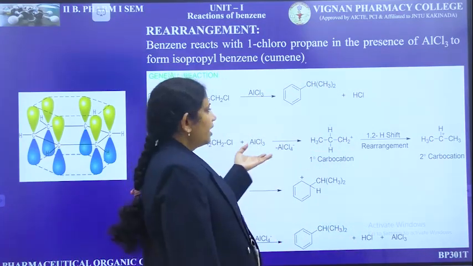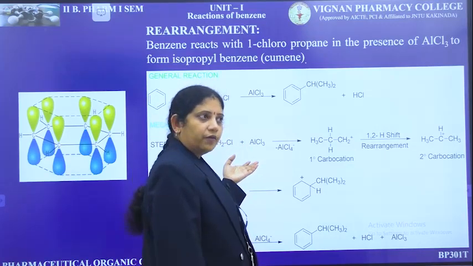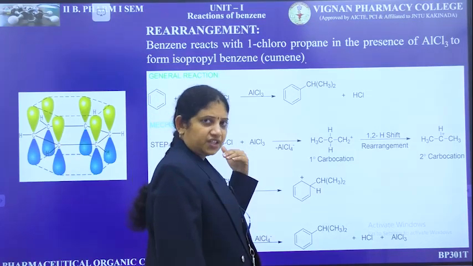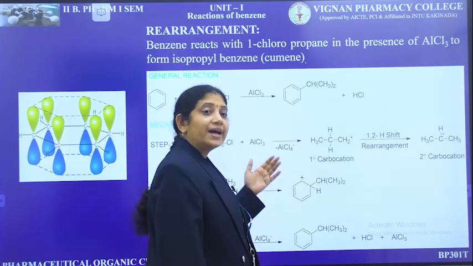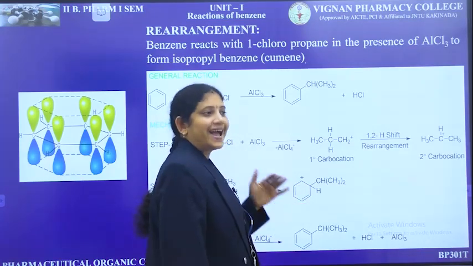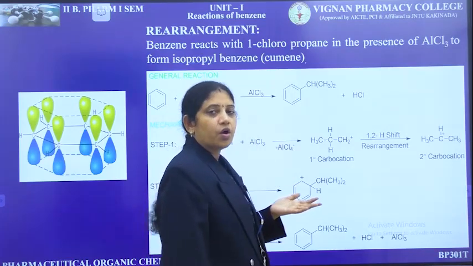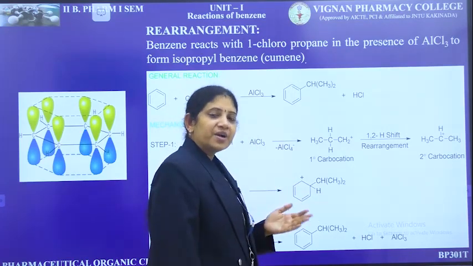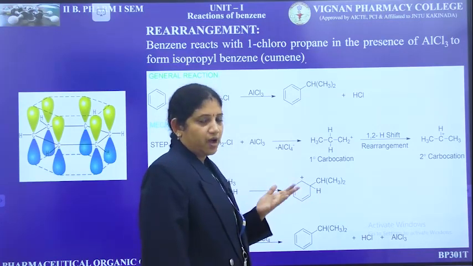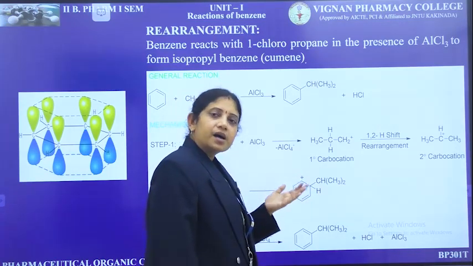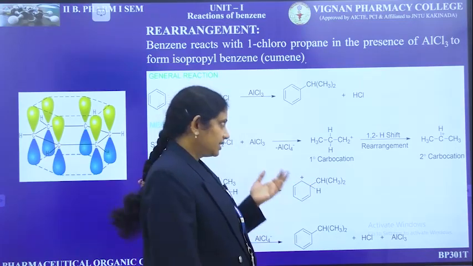So here what is happening is, when the structure permits, it can undergo rearrangement. Why does it have to undergo rearrangement? Because of the formation of a more stable carbocation. That is the reason.